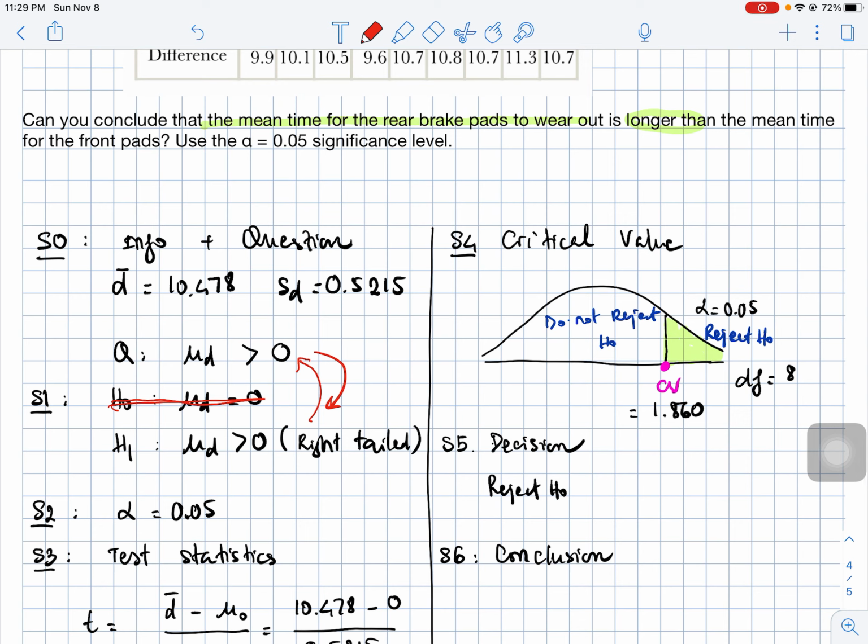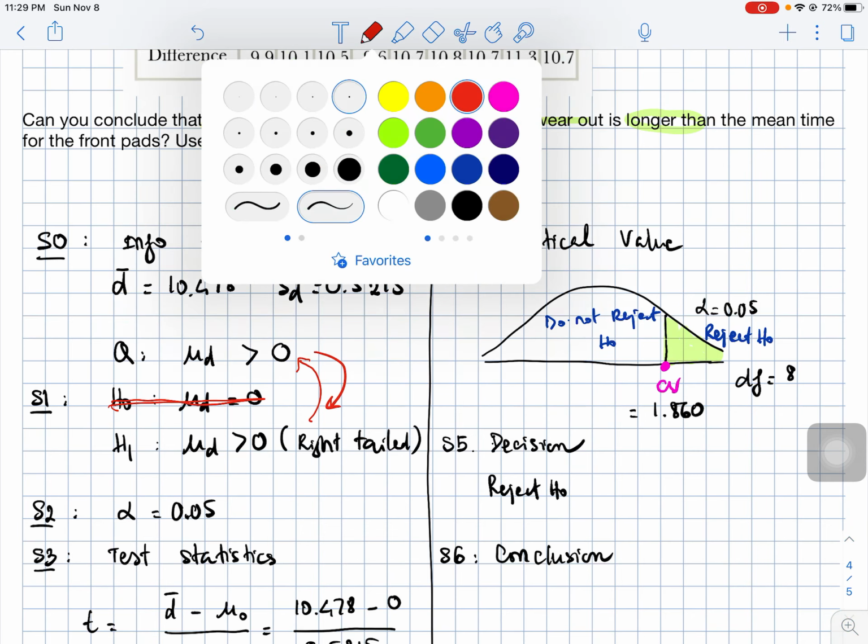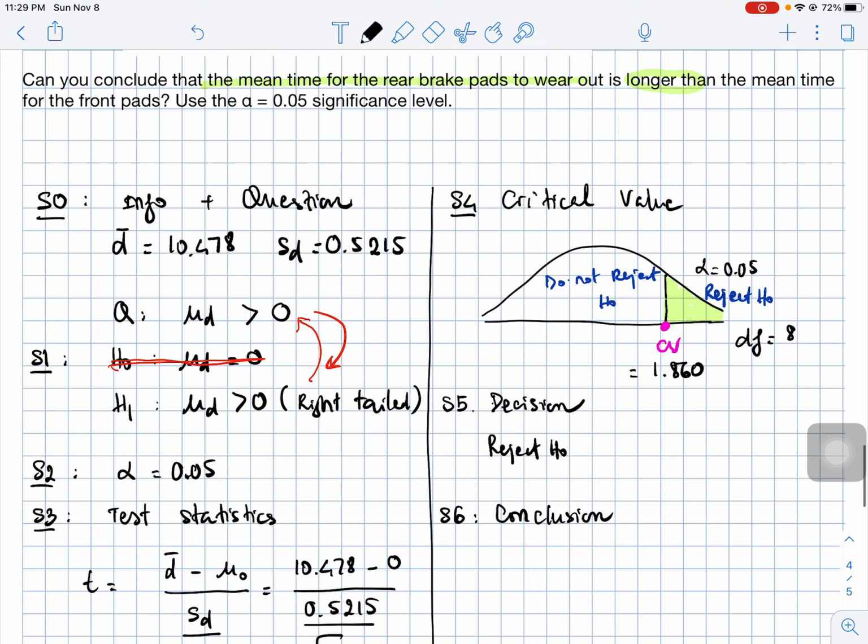The question asks, can you conclude that the mean time for the rear brake pads to wear out is longer than the mean time for the front pads? We will say, yes, we can conclude that. So we will copy down the question. So we can conclude that the mean time, and you copy down the whole thing.